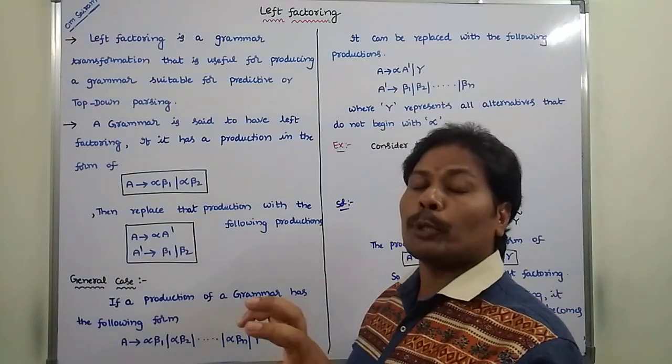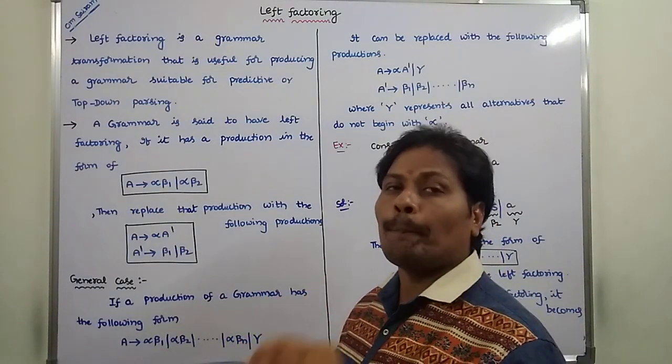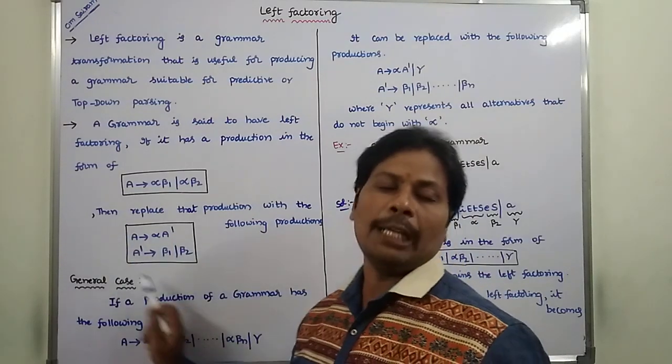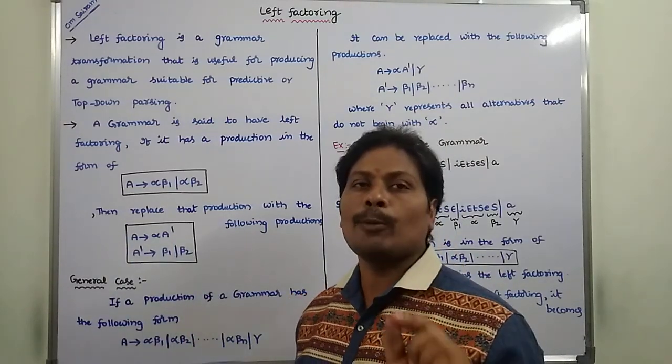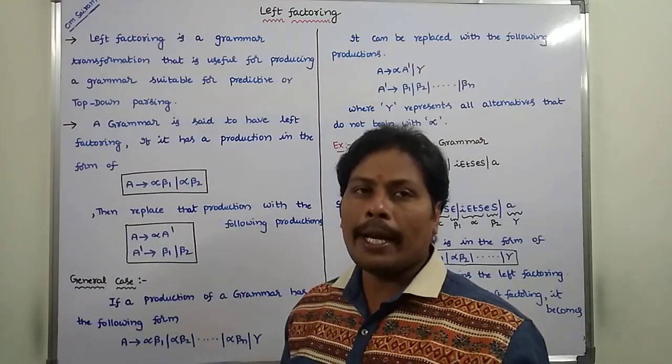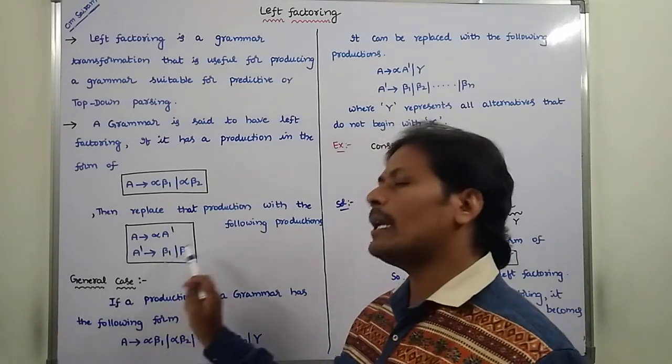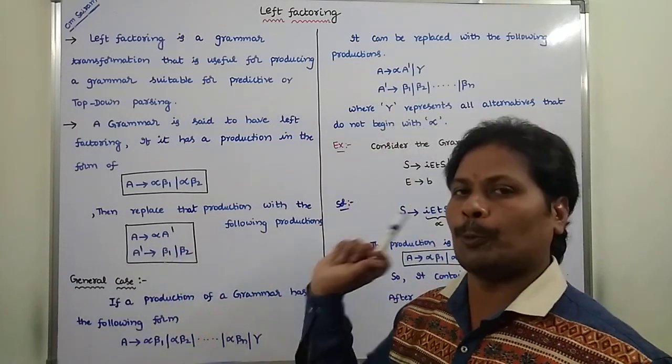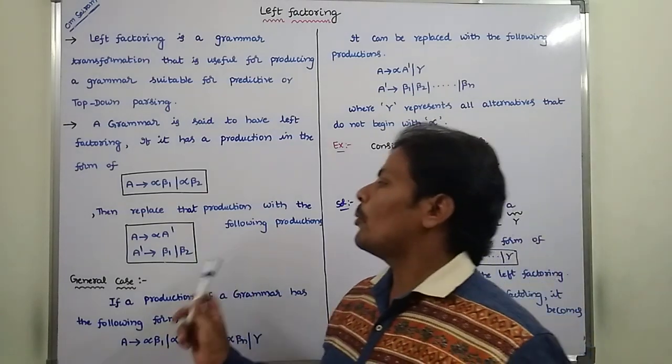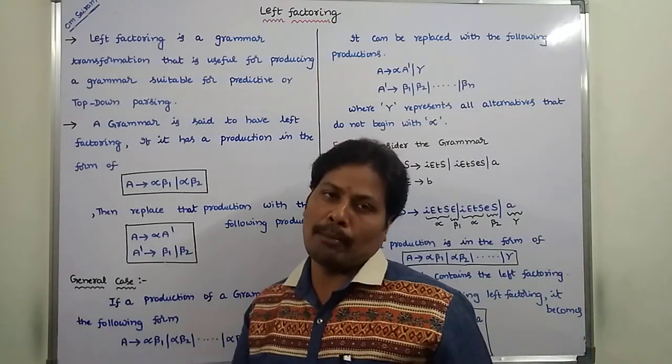Then this type of production can be replaced with the following productions: A tends to alpha A dash, and A dash tends to beta 1 or beta 2. Whenever the given grammar has a production in the form A tends to alpha beta 1 or alpha beta 2, it can be replaced with these productions. Now we go for the general formula.